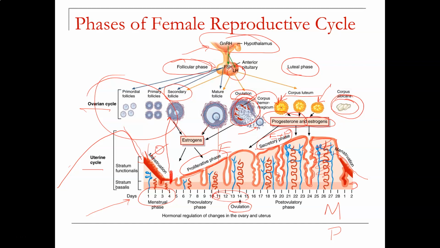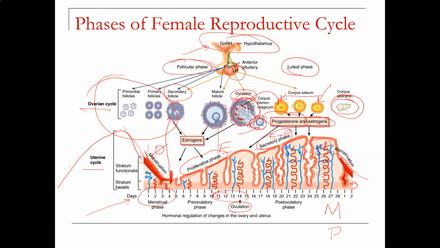You only want the uterus to be in the secretory phase when there's a chance that the egg that got ovulated during that cycle might have gotten fertilized, and if it did, when it gets to the uterus a week later, that uterus better be in the secretory phase or the pregnancy won't be successful.